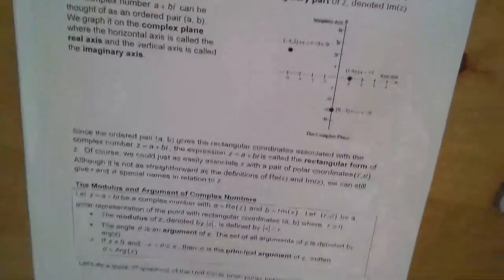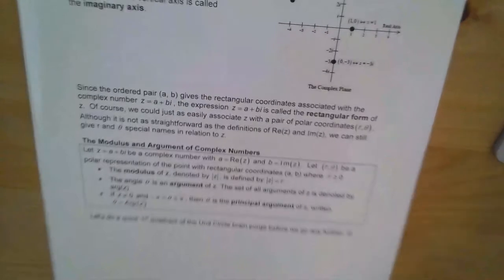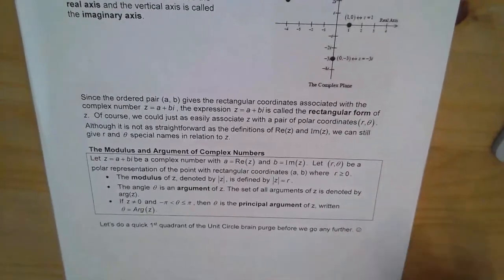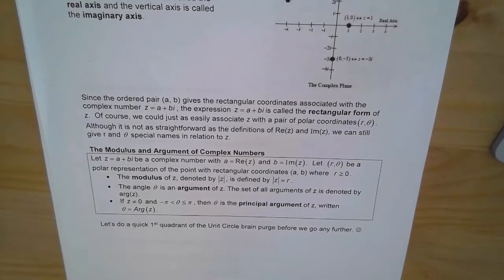Since the ordered pair (a, b) gives the rectangular coordinates associated with the complex number z equals a plus bi, the expression z equals a plus bi is the rectangular form. So if we have any questions that are asking for rectangular form, we are looking for the answer to be z equals a plus bi.